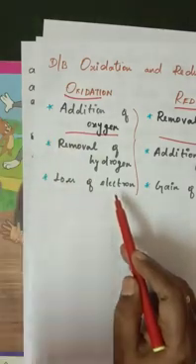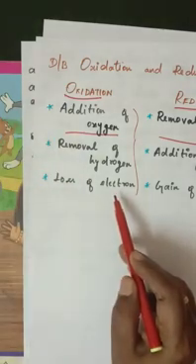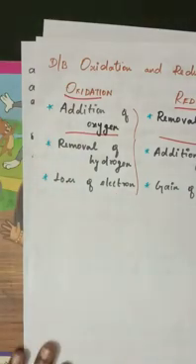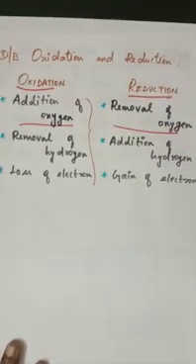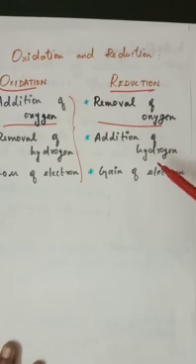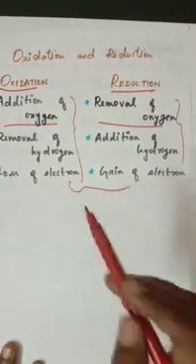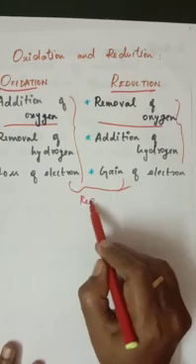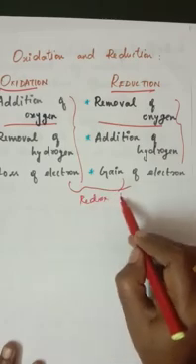At the same time, reduction is removal of oxygen, addition of hydrogen, as well as gain of electron. When both reactions take place, it is known as a redox reaction.